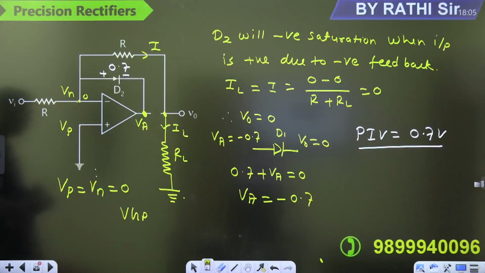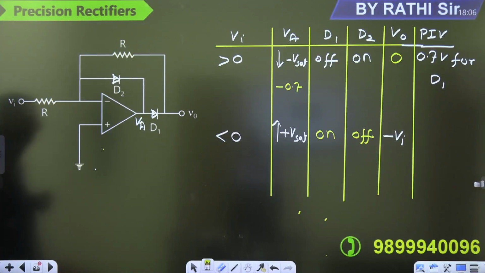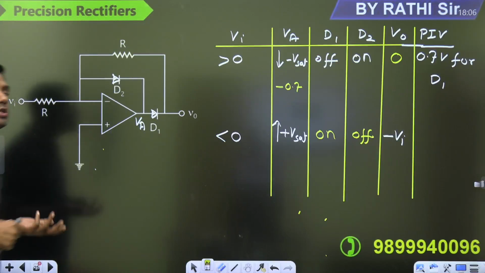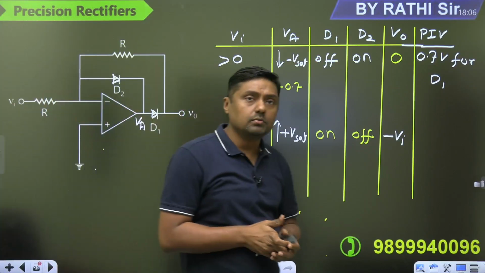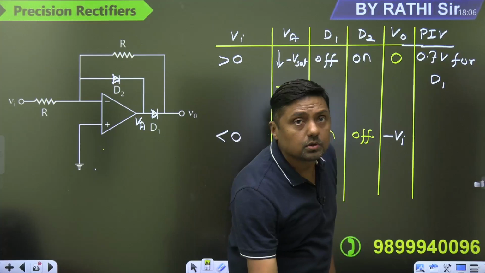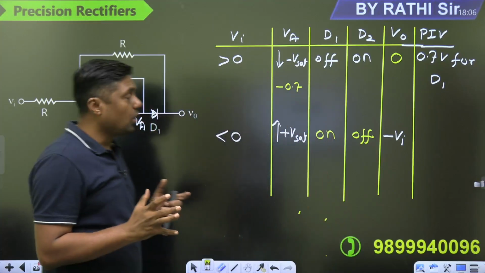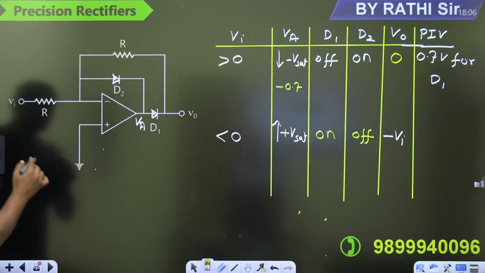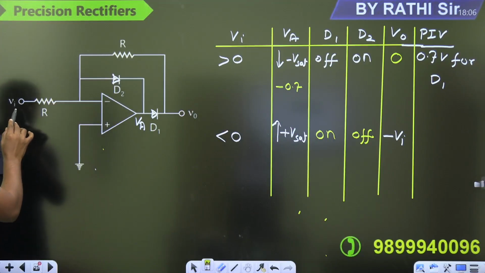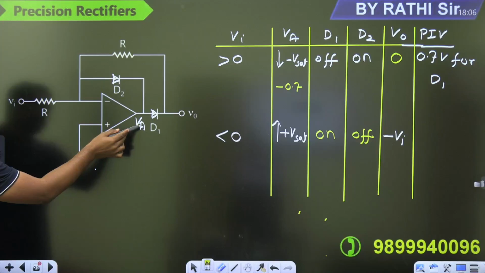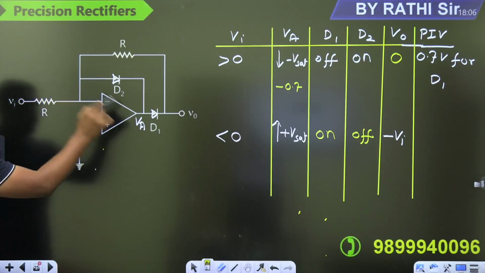So what is the logic here? First of all, in the previous diagram, what was the problem? PIV was the problem. Now watch this diagram. How can we solve this PIV? During the positive half, because of the 180-degree phase shift, the output will move towards minus Vsat.